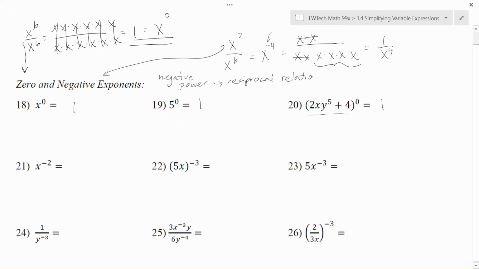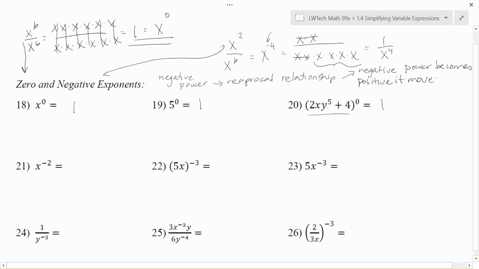And remember, reciprocals were where you switch the numerator and the denominator of a fraction. So we end up with this reciprocal relationship, which means that my negative power becomes positive on the other side of the fraction. So the negative power becomes positive if it moves between the numerator and denominator.